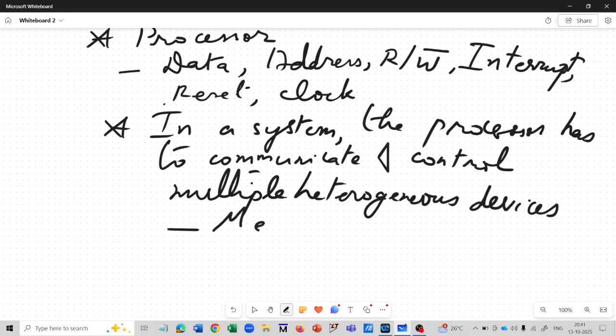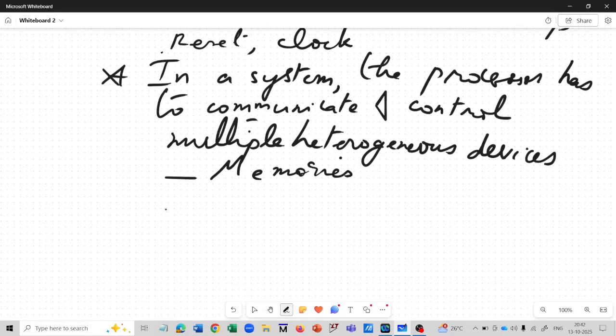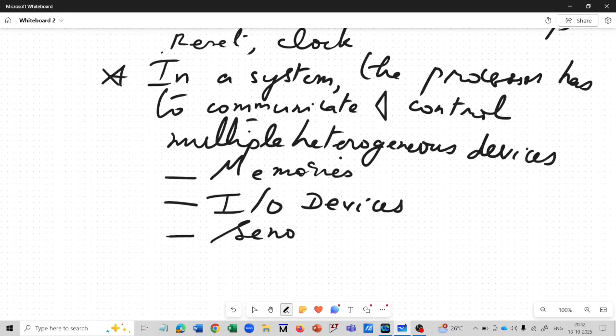Of course, the first example that comes to our mind are the memories, then various IO devices like displays, keyboards, printers, and so forth. And in modern embedded systems, you will also have other interfaces like sensors, bus interfaces, and so on and so forth.